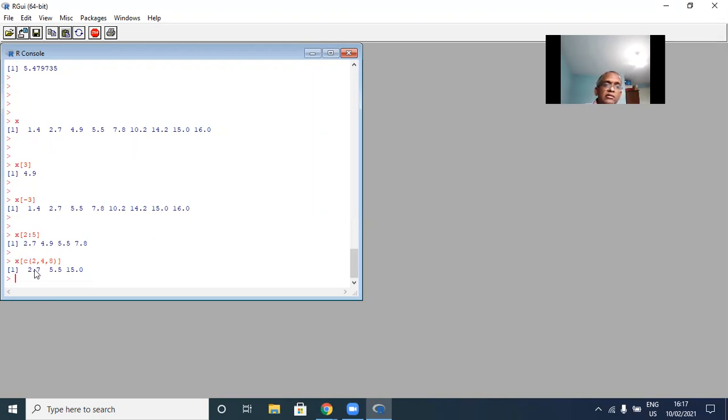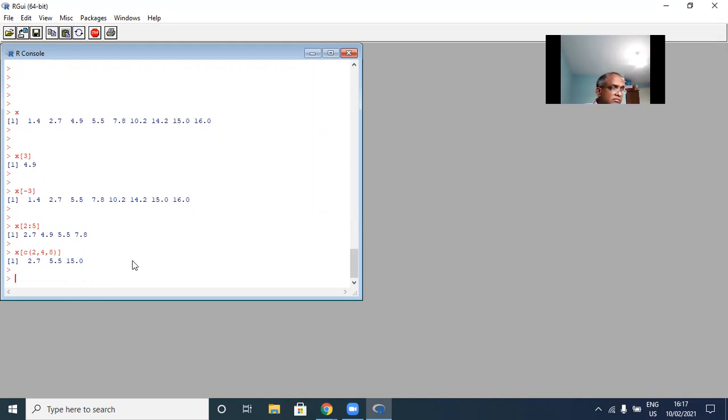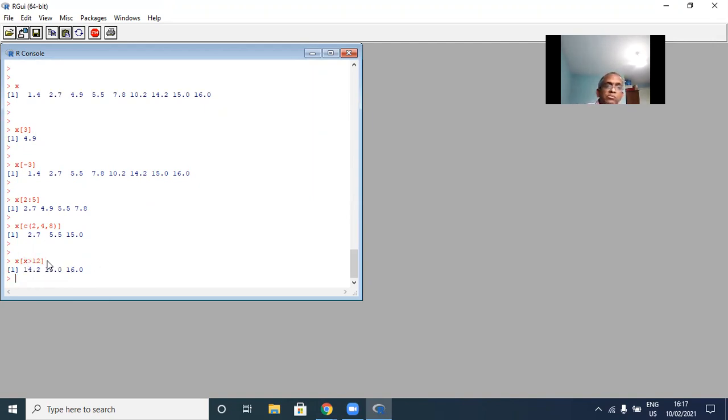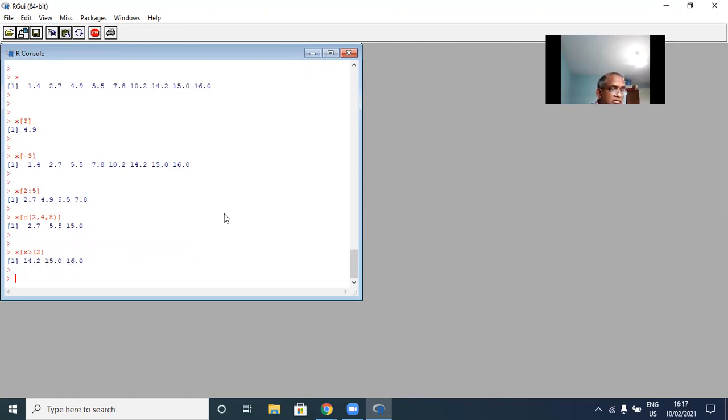So 2.7 is the second, 5.5 is the fourth element, and 15 is the eighth element in the vector, right? All right, now if you do something like this, it will pick the values in x which are greater than 12. So basically, these three values are the values in x which are greater than 12, right?